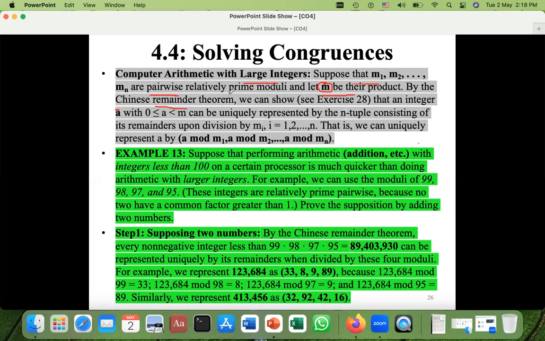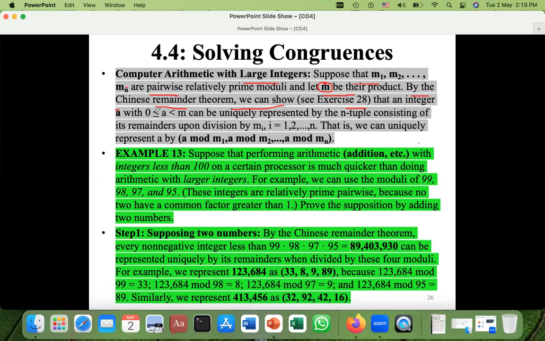By the Chinese remainder theorem, we will have some integer with this condition, and that integer can be uniquely represented by n-tuples, because we are using n.